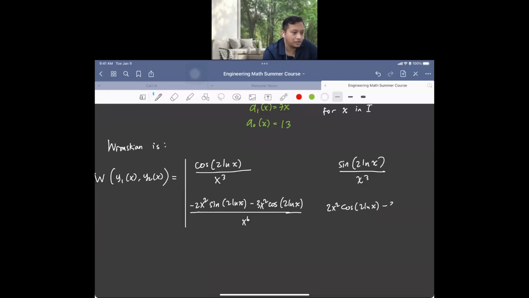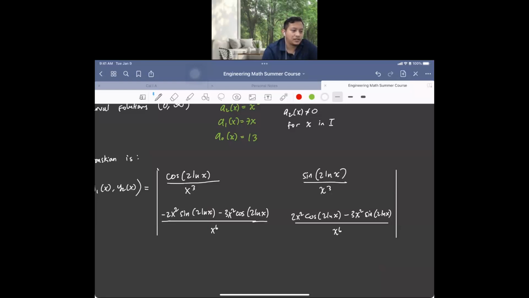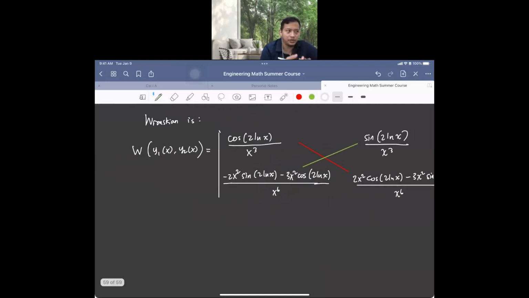And this will be 2x squared cos 2x over x to the power of 6, and we are going to have the calculation for the determinant. Okay? And determinant means this multiplied minus this multiplied, right? But can we multiply this? And it seems really messy, right?